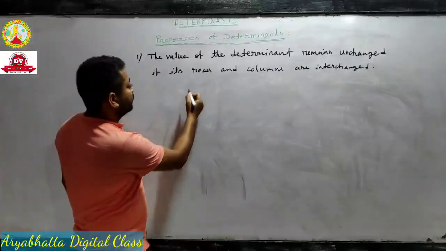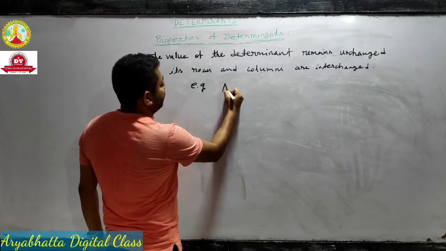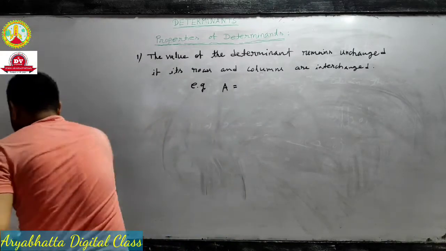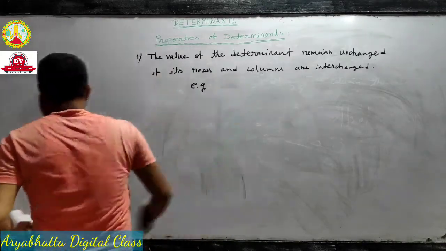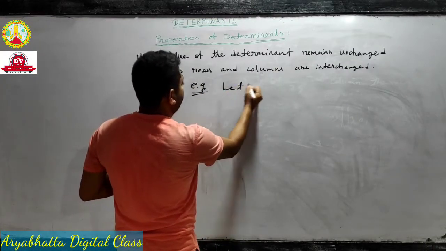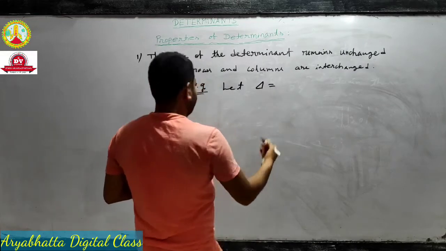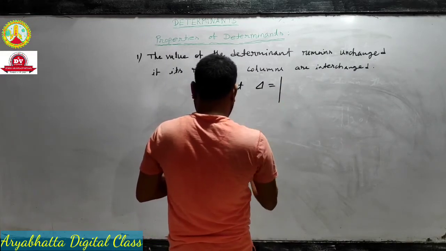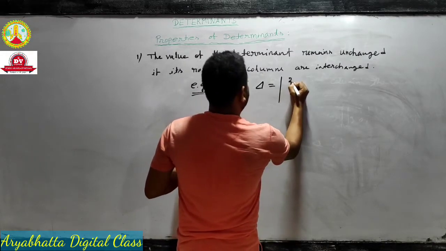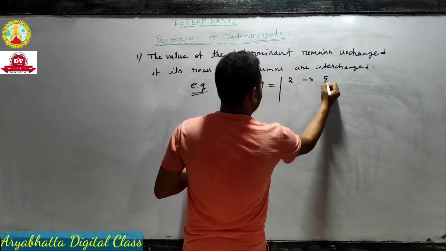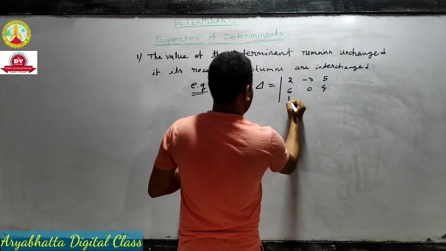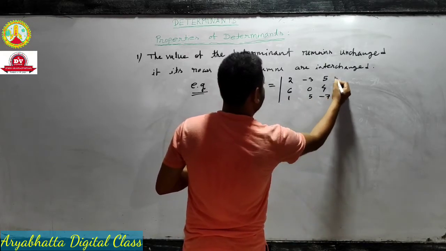For example, let delta be equal to the determinant with rows 2, minus 3, 5; 6, 0, 4; 1, 5, minus 7.